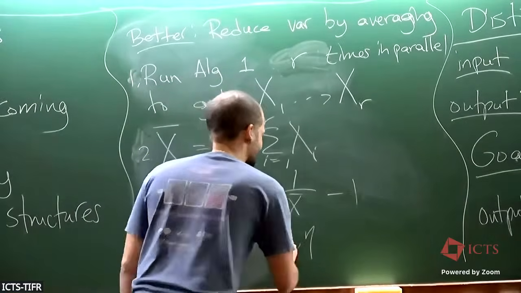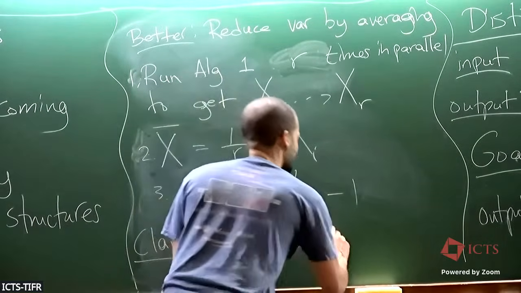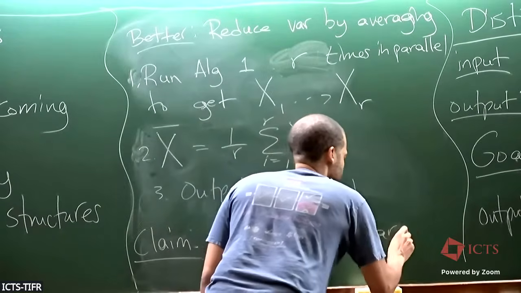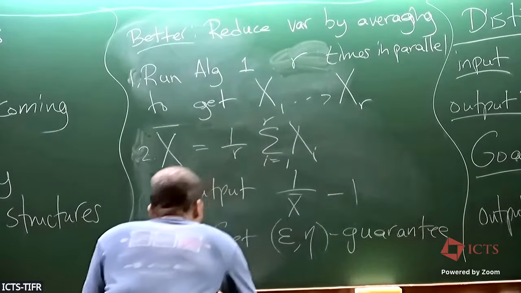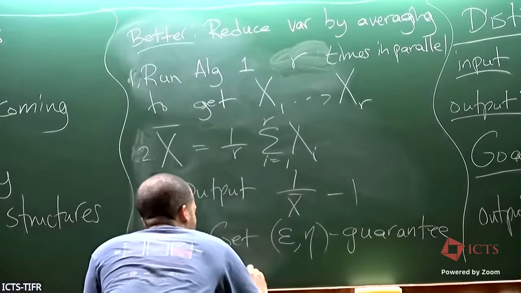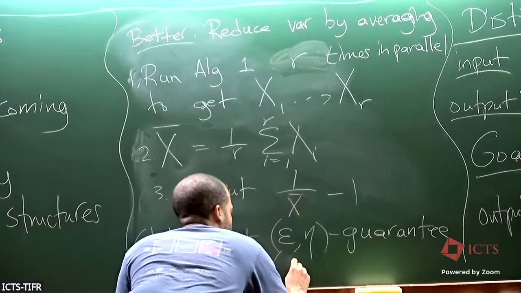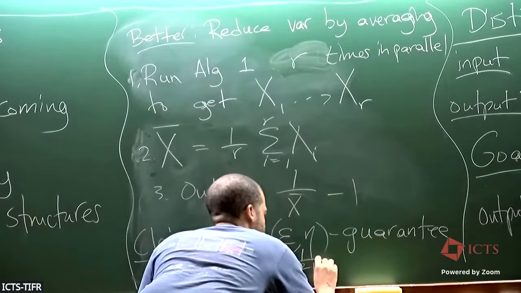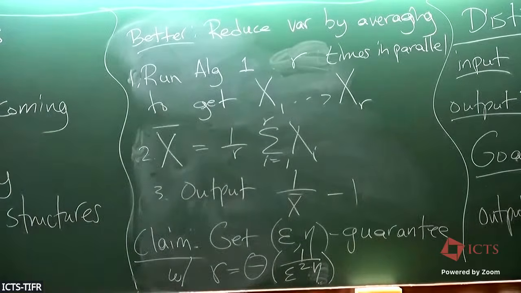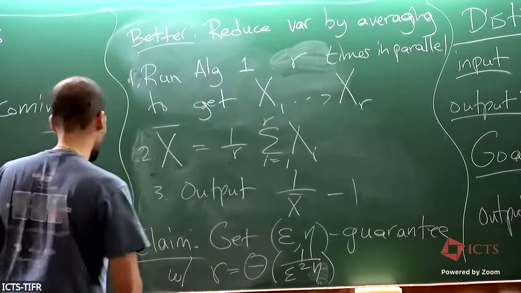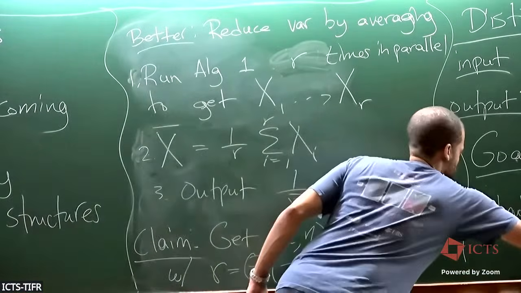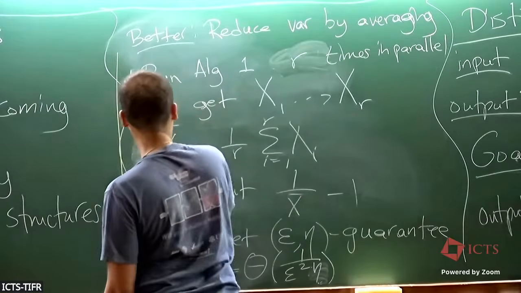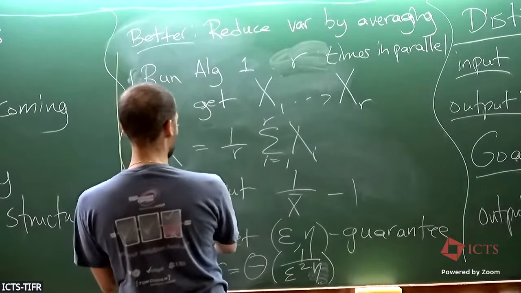Think of delta as being eta now, with r being up to a constant 1 over epsilon squared eta. And the proof is just Chebyshev's inequality. So I'm not done yet. This is algorithm 2. Now the output will be part of the box.